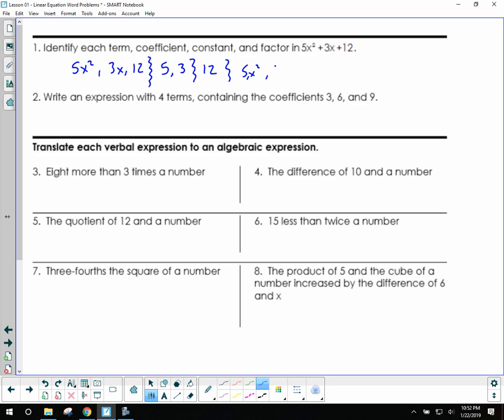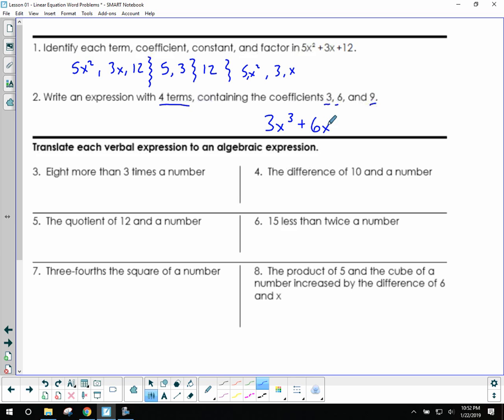Write an expression with 4 terms containing the coefficients 3, 6, and 9. So this could just be almost anything, but we got to make sure we have 4 terms that have these coefficients. Let's just keep it simple. 3x cubed plus 6x squared plus 9x.